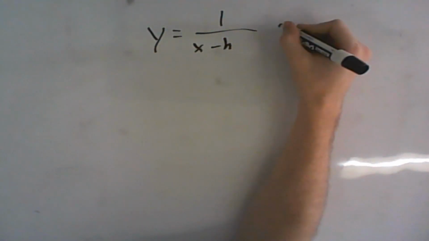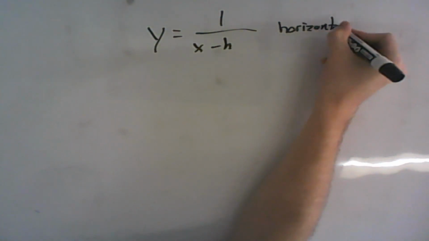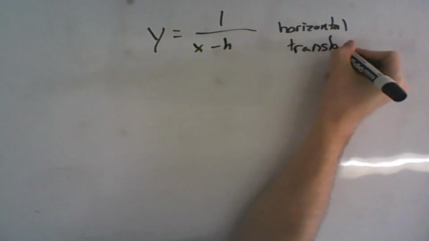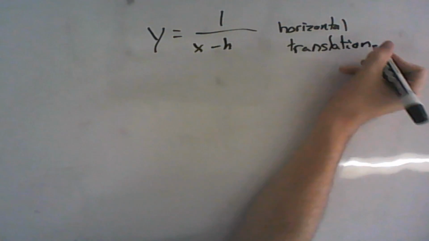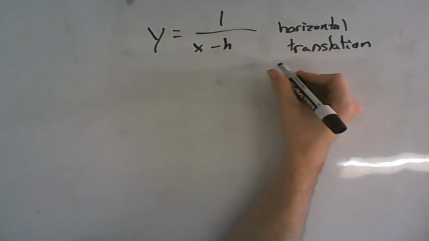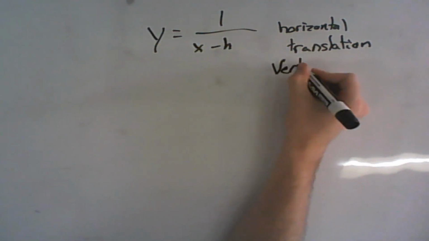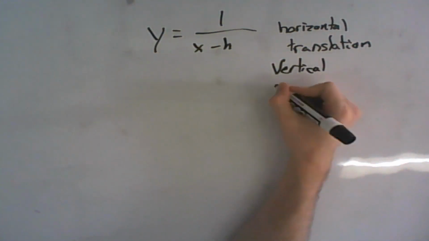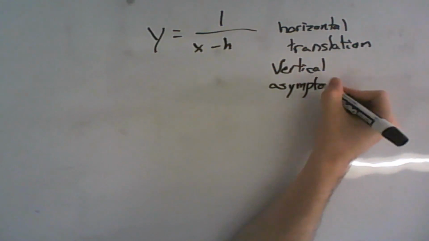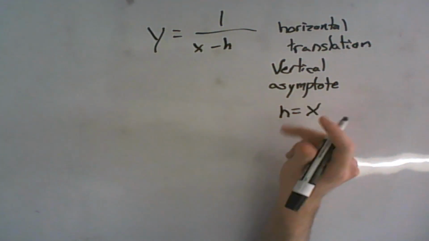So this is going to be a horizontal translation. It's going to be a horizontal translation. So x minus h, and our vertical asymptote is x equals h.